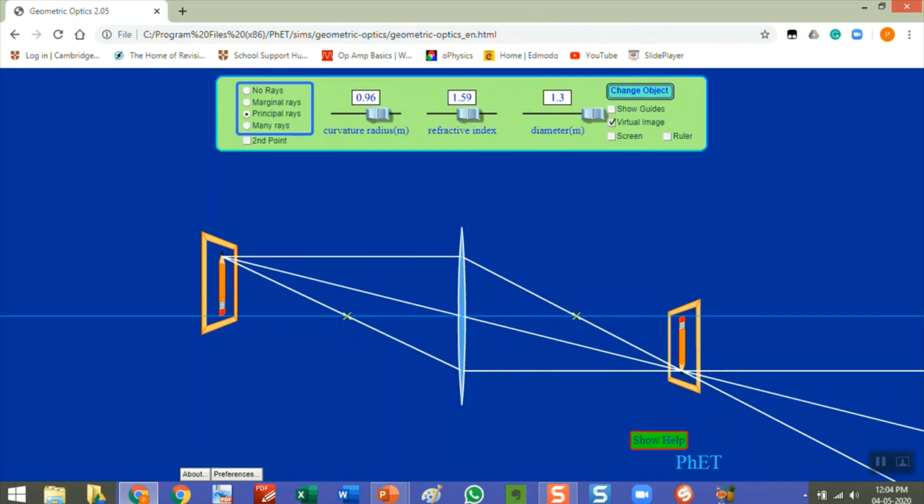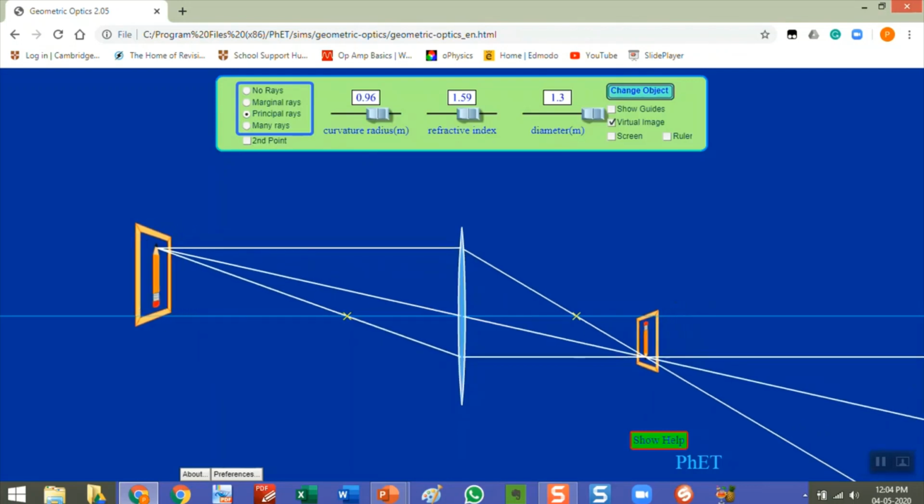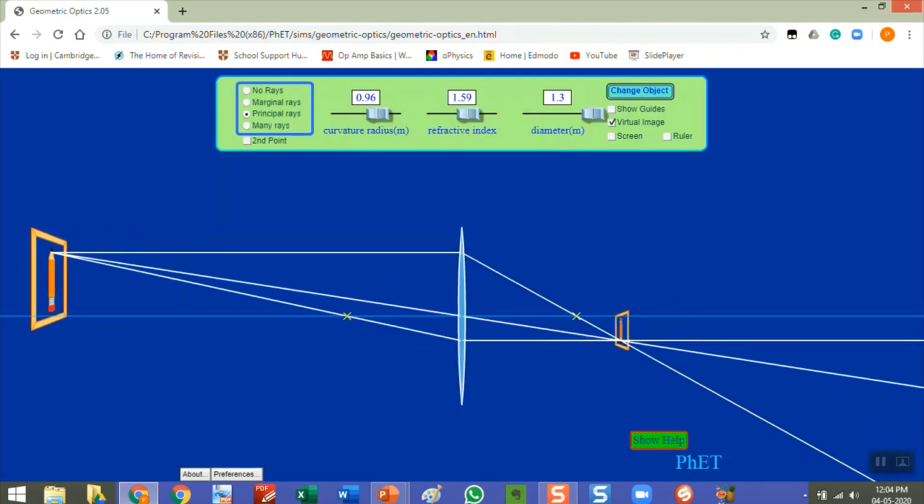The first thing that we're going to do is start with an object that is far away from the focal point, behind twice the distance. If you can see where my cursor is, that's about where twice the focal distance would be.